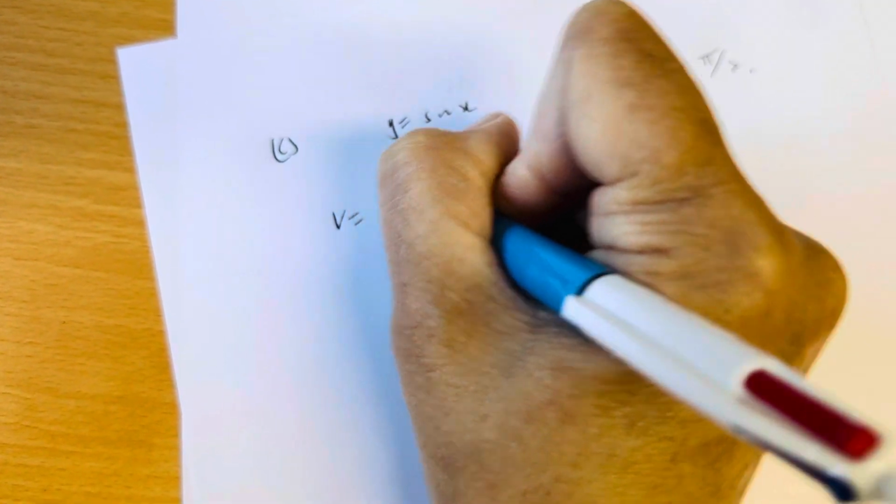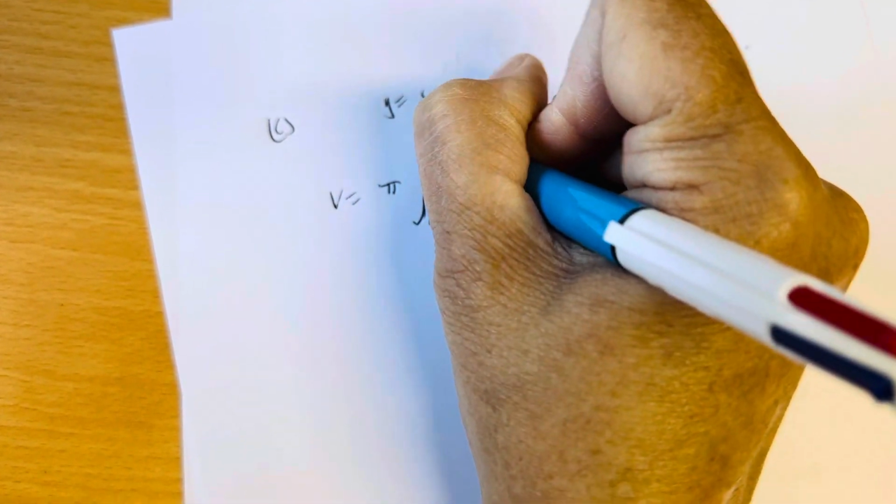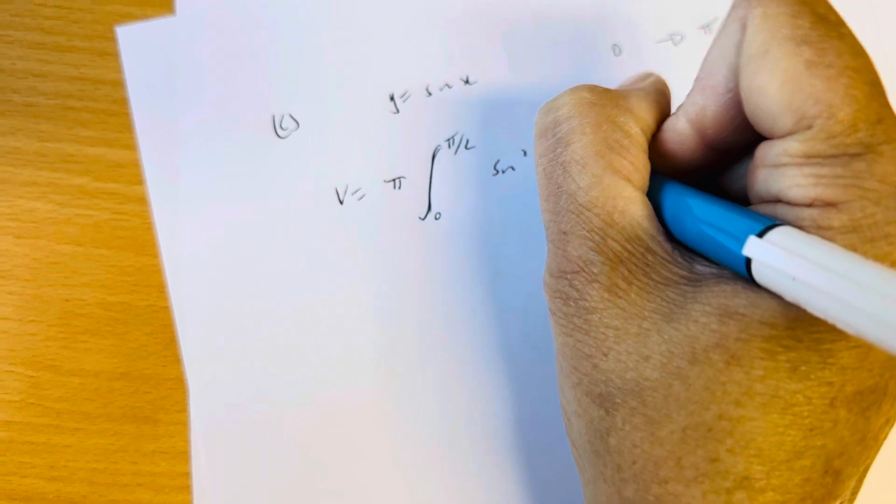The last one, C, is y equals sine x from 0 to pi on 2. So volume equals pi, 0 to pi on 2 of sine squared x dx.